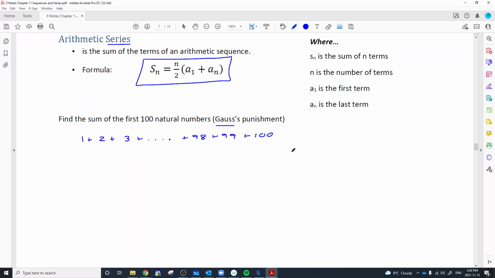And what he recognized is that because this is an arithmetic series, if you write the same sequence of numbers forwards and backwards, magic happens.